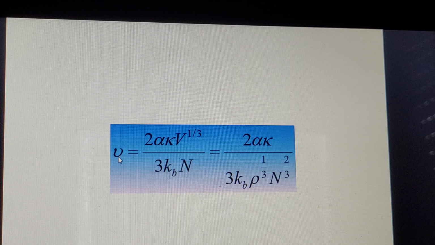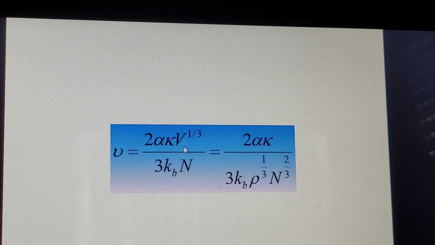So nu here is the frequency, alpha is a dimensionless constant, K is the heat conductivity, V is the volume, kB is the Boltzmann constant, and N is the number of atoms.